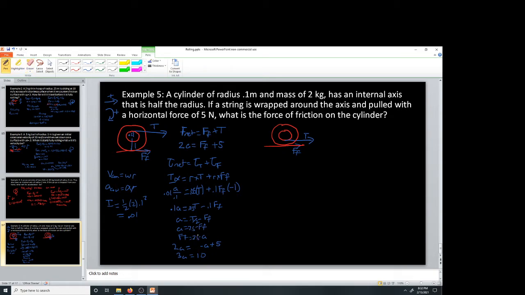Actually, that's still 5. No, it's 2.5. Yeah, so 2.5. Sorry, got distracted there. This is 7.5. A equals 2.5.